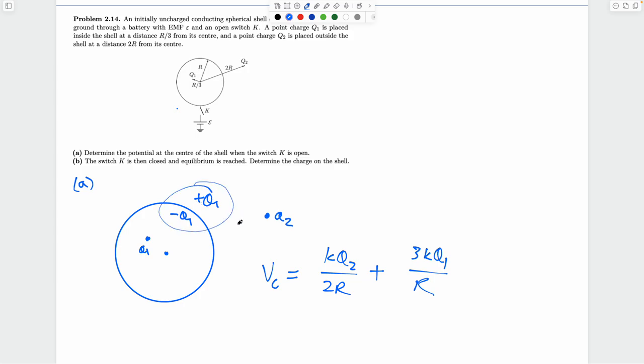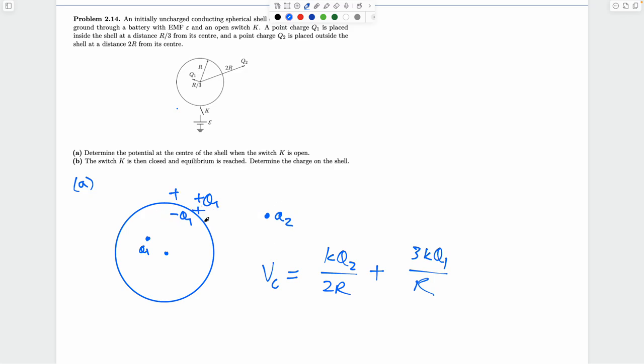And then these two will just cancel out, right? Even though the charge distribution need not be uniform. So earlier, we said that if just Q1 was present, the plus Q1 on the outer surface will distribute itself evenly, because there is no orientation the charges would preferentially go. But in this case, you have a Q2. So Q1 need not be even.